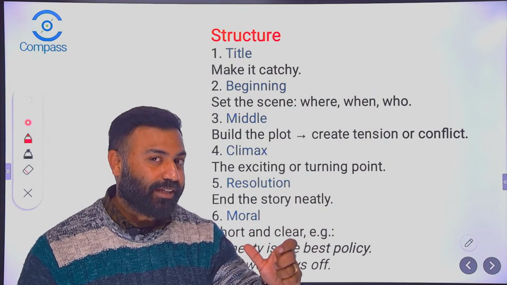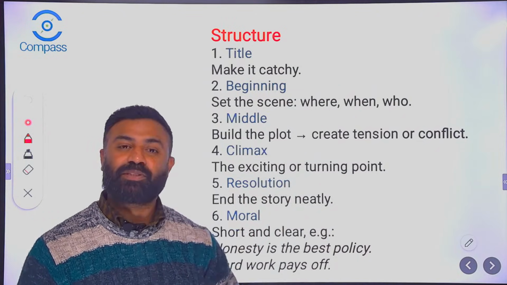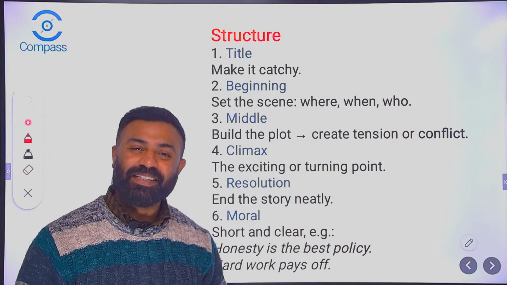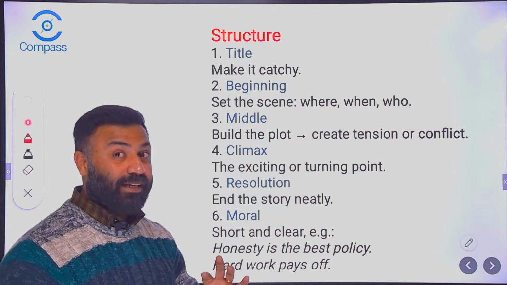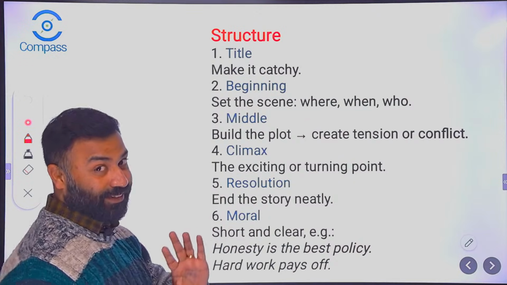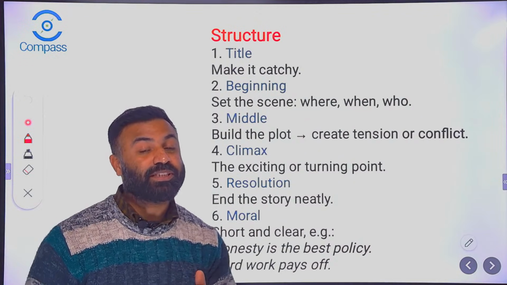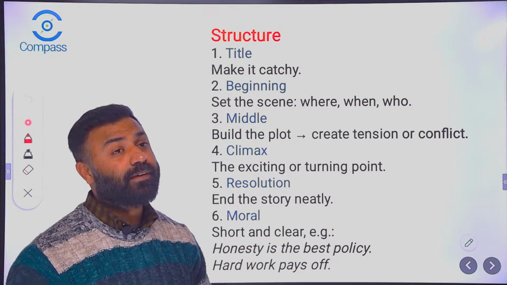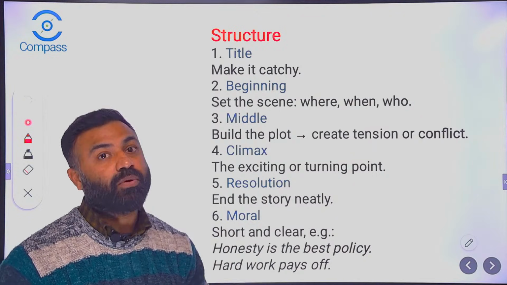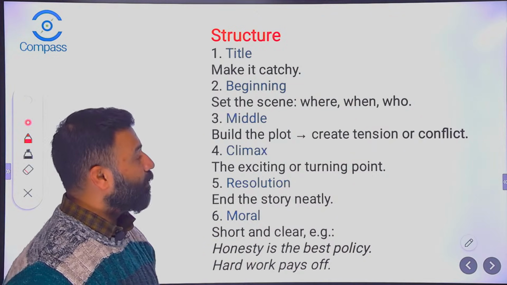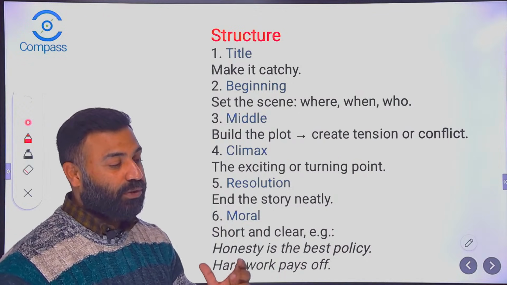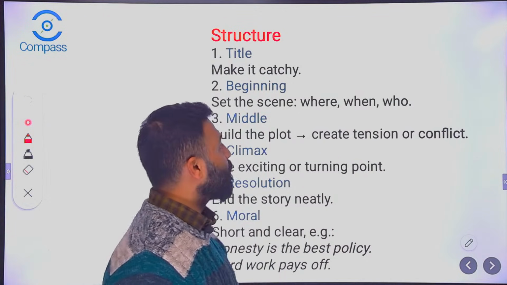A catchy heading, something that attracts the customers, right? I'm not saying that you should write that, but I wanted to just tell you what is a catchy heading. So you can think of a very good catchy heading for your story. It should catch the attention of the reader.